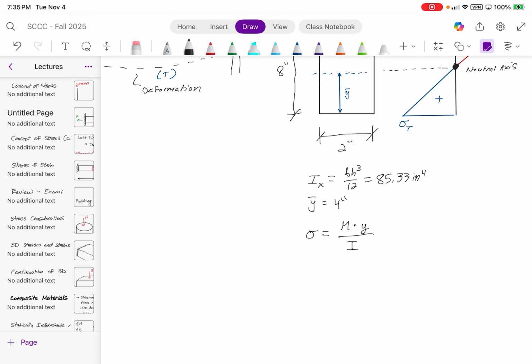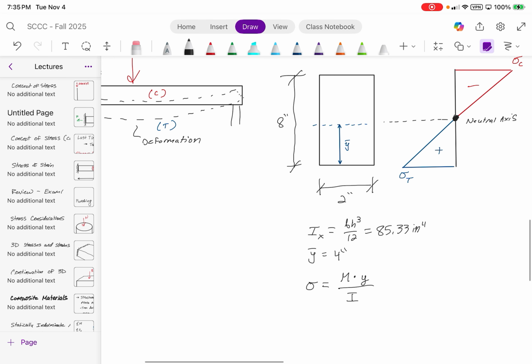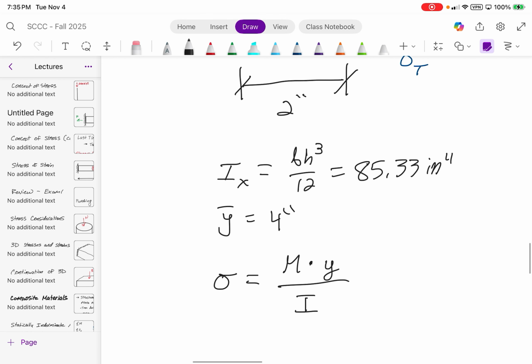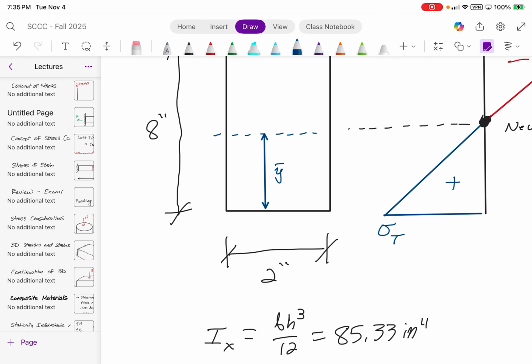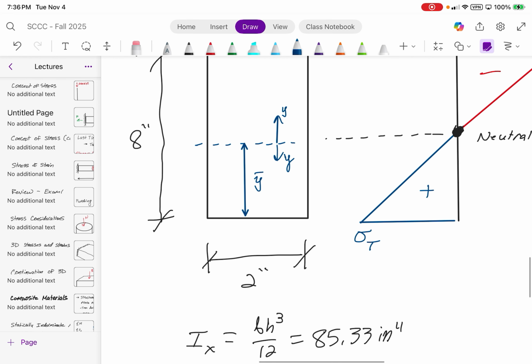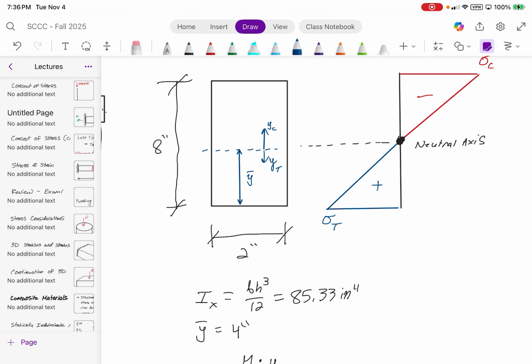Y, however, we're going to call just arbitrary y. This is different from y bar. Y is basically your coordinate position from the neutral axis.